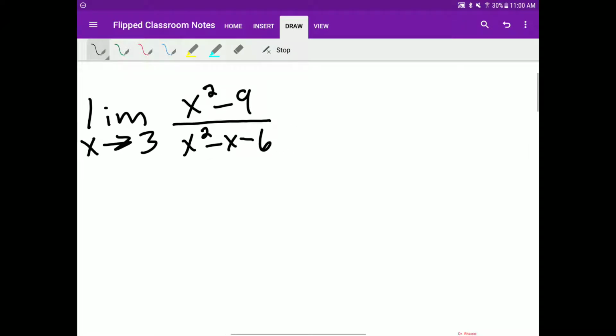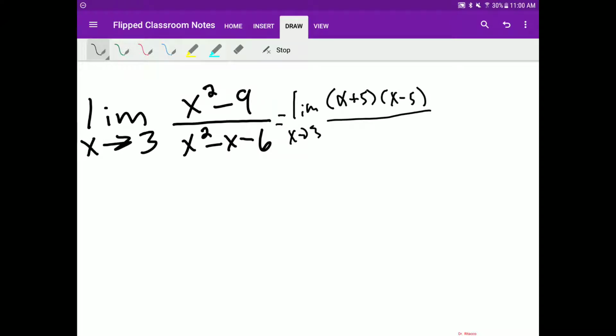Well, remember from last semester, we could rewrite this as the limit as x goes to 3, and we could factor it out. x plus 3, x minus 3, over x minus 3, x plus 2.